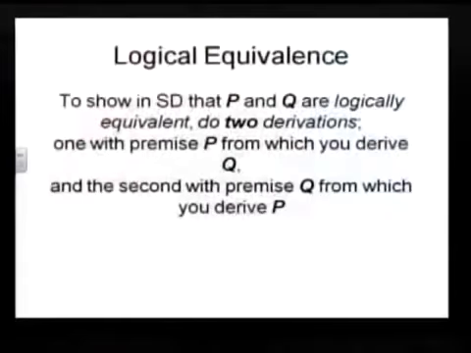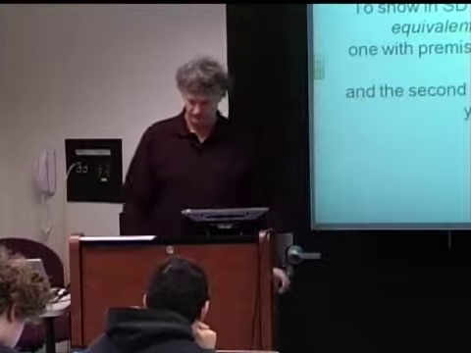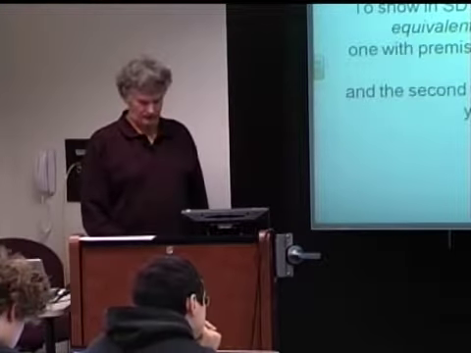On logical equivalence, to show in our derivation system that two sentences of SL, P and Q, which can be as complicated as you please, are logically equivalent, you need to do two derivations. One, you start with premise P and derive Q, and then the other, you start with premise Q and derive P. Okay.